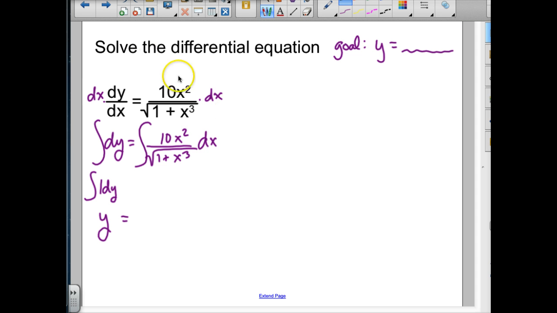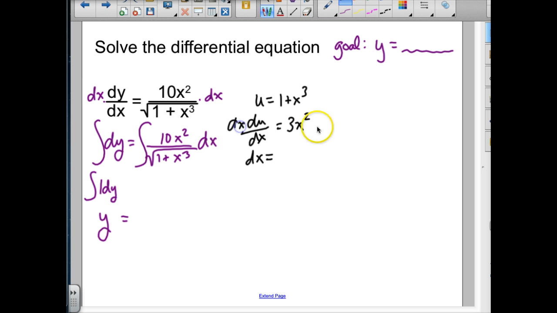The u substitution, remember to choose for u, we're going to choose either the denominator or what's inside of a square root or the biggest group that's raised to a power. All of that leads us to say that our u is going to be 1 plus x cubed. Take the derivative. It's going to be 3x squared. Solve for dx.